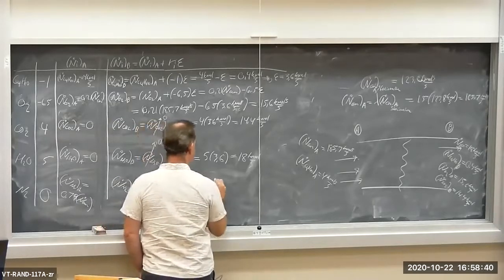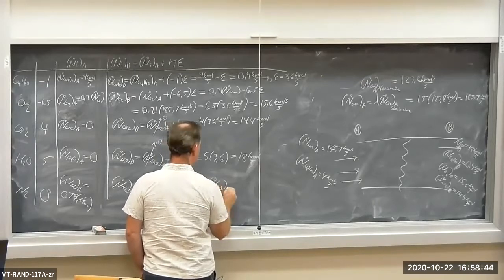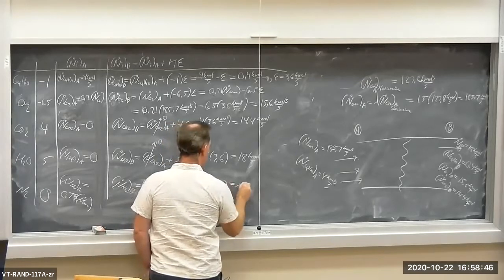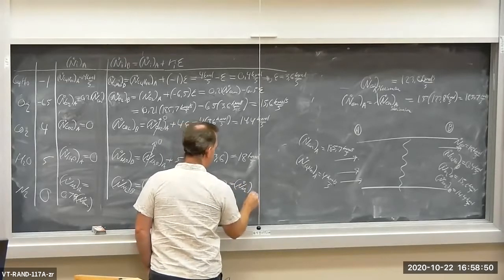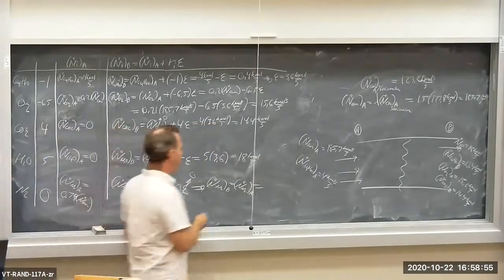In other words, N dot N2 out, in the products, is equal to N dot N2 in the reactants, which is, by the way, 0.79 N dot air.